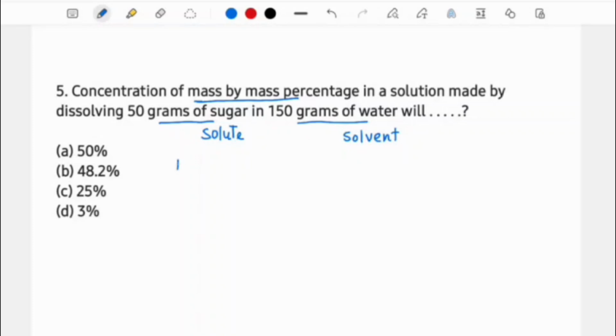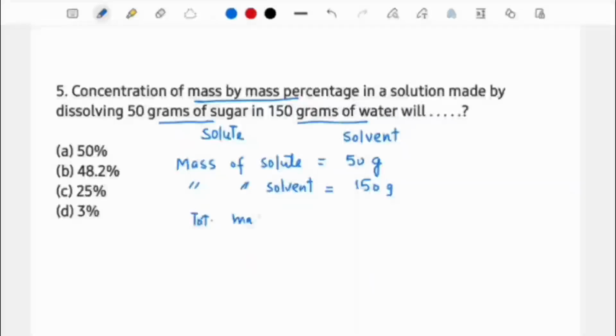Okay, so mass of solute it is given as 50 grams which is the sugar, and mass of solvent which is water that is equal to 150 grams. Therefore total mass of solution, all right, total mass of solution is 150 grams of solvent plus 50 grams of solute, that is equal to 200 grams of solution.